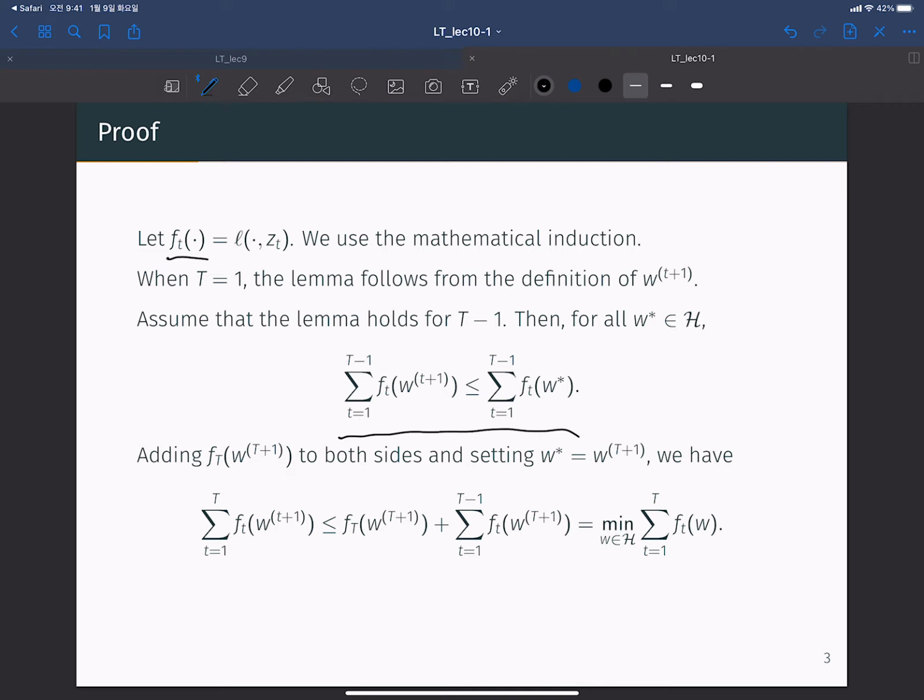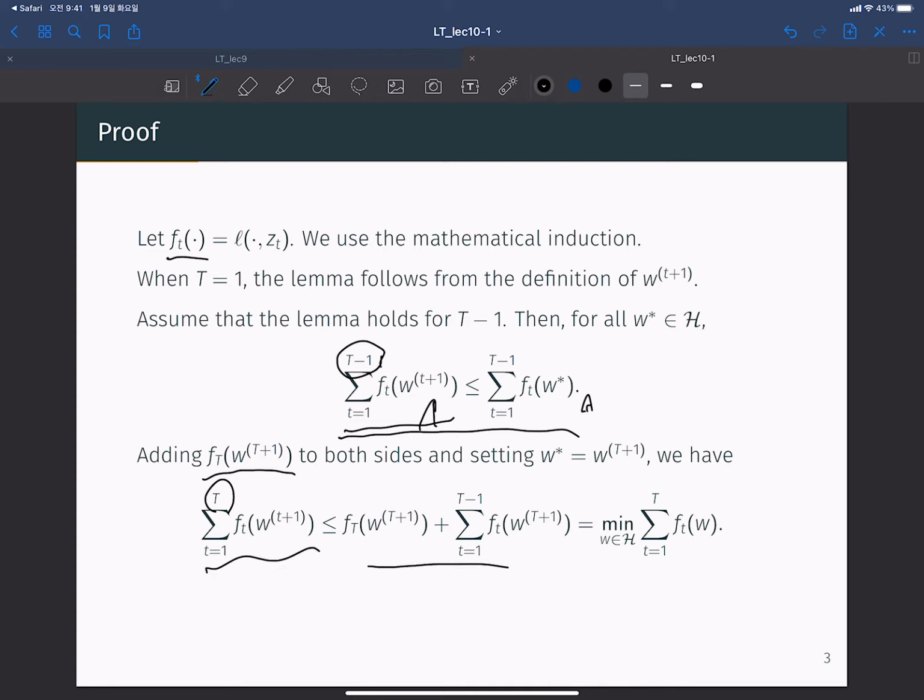To make the statement at capital T, let's add f_T(w_{T+1}) to both sides. Then the summation goes up to capital T, because we add f_T(w_{T+1}).